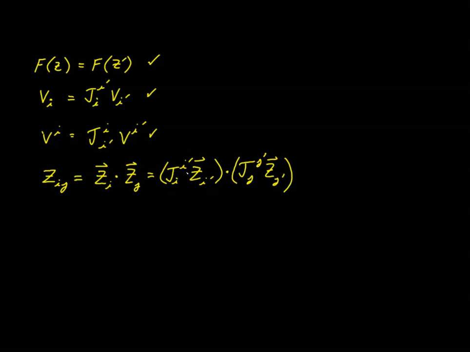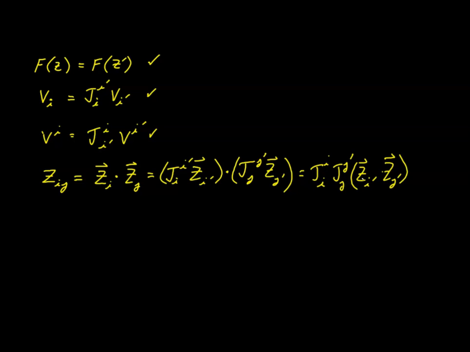Okay, now if we reorganize these things a little bit, you can see that this is equal to the Jacobian factor for i prime, the Jacobian factor for j prime, times z_i prime dotted with z_j prime like this.